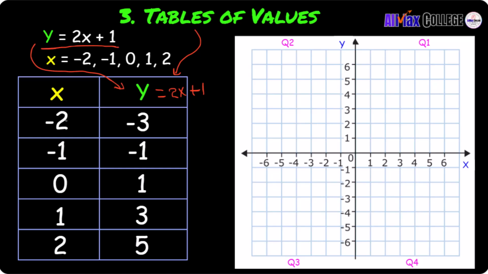The ordered pairs are -2, -3; -1, -1; 0, 1; 1, 3; 2, 5. Now we are going to plot all 5 points on the Cartesian plane and connect them.